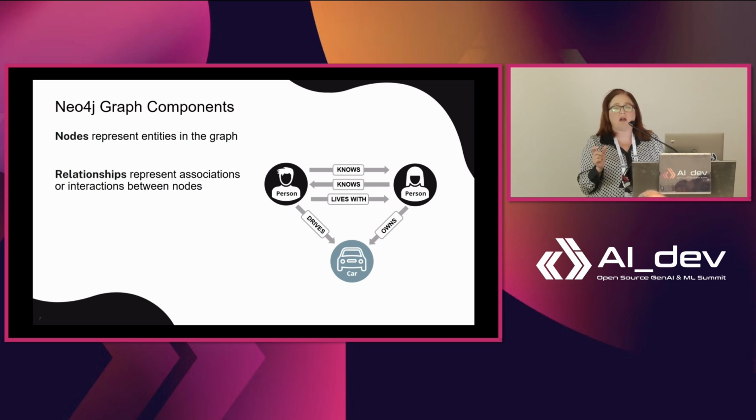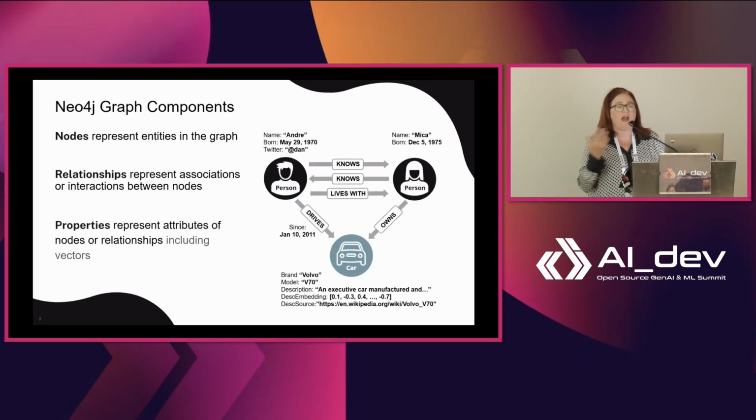So the person drives the car, the person owns the car, two people who know each other, right? One row has a relationship with another row. The idea is that we're looking to create a very efficient and a more representative view of the data that you have.